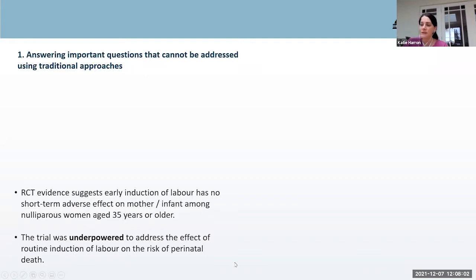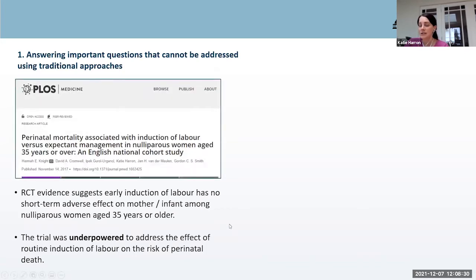But it's difficult to power an RCT for very rare outcomes, and the trial evidence that was available wasn't able to give us a definitive answer about the risk of perinatal death. This would require tens of thousands of mothers to give us the statistical power to do this. And this is where linked administrative data really has some value.